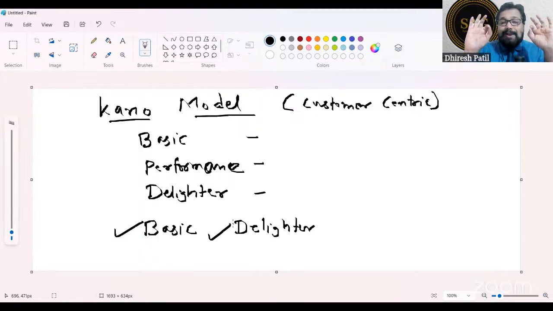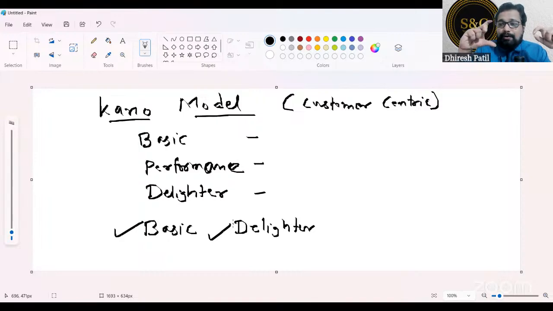These two will make the highest impact. Performance may not make a huge impact to the customer, but if the solution is solving the basic problem of the customer, and if it is giving the delighter feeling to the customer, both these aspects will impact the customer the most. Performance will give a moderate kind of impact.